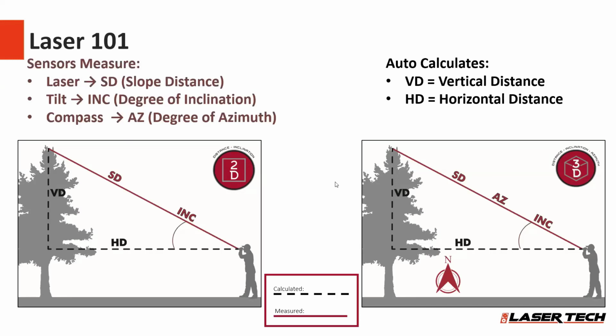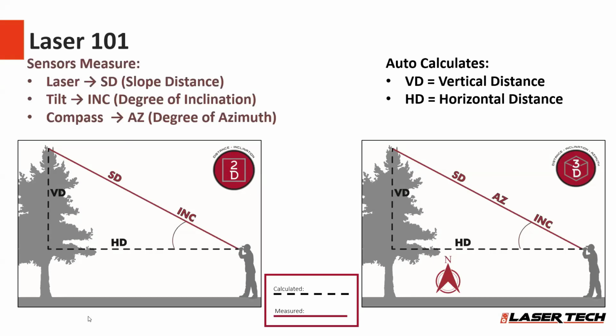When we incorporate a compass sensor, in the diagram on the right, that AZ value or azimuth, again, with the press of the fire button, all three sensors measure and get a result. And then we calculate on board that vertical distance and horizontal distance.